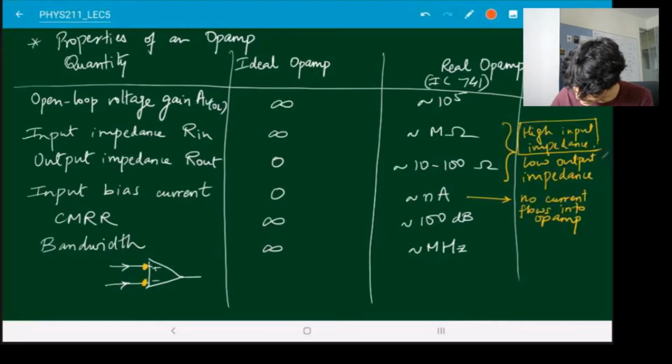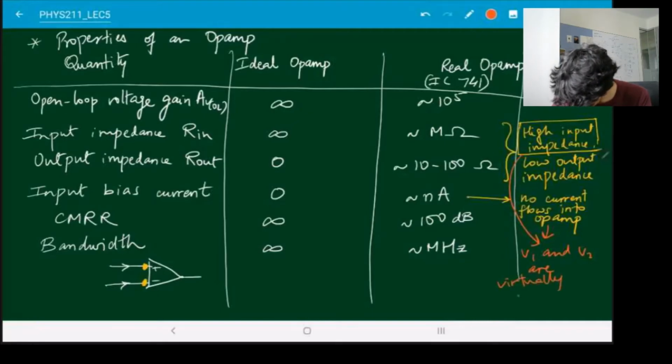So when you combine these two properties, this one and this one, we say V1 and V2 are virtually shorted. Why do we say virtually? Why is it not a real short?